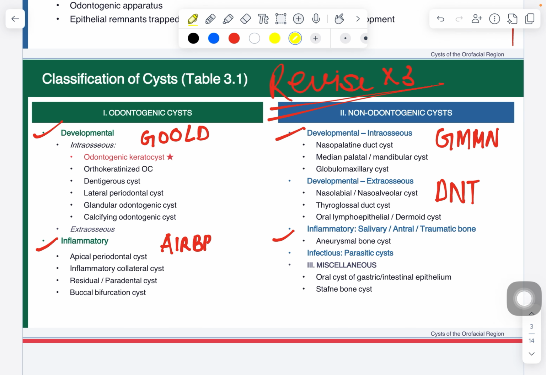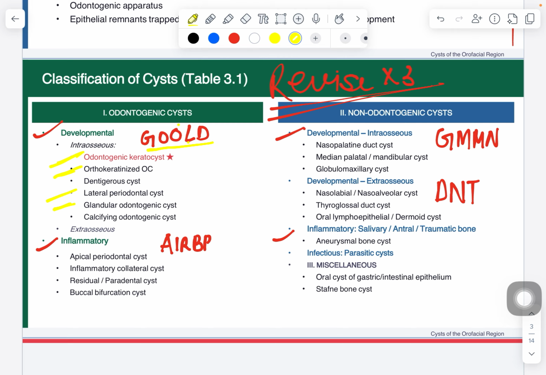So coming on to the classifications, here are these little mnemonics that might help you. Coming to developmental odontogenic cyst, GOOLD. G is for glandular odontogenic cyst. O is for orthokeratinized cyst. O is for odontogenic keratocyst.